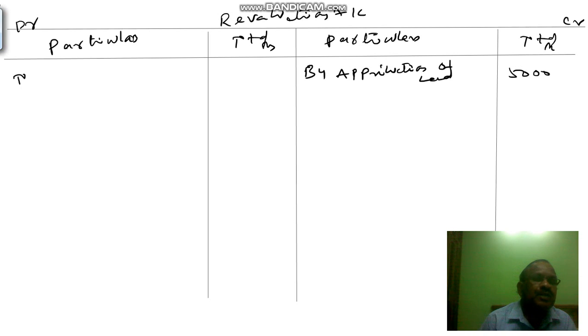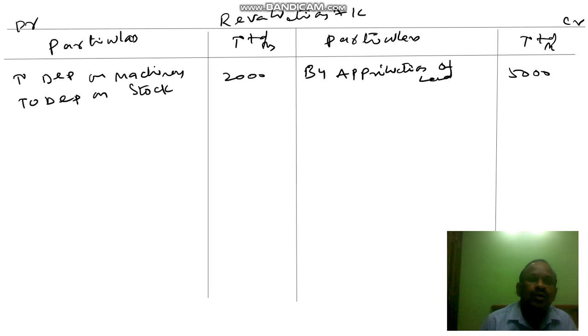Next, depreciation on machinery is 2,000. Next is depreciation on stock, 2,400.